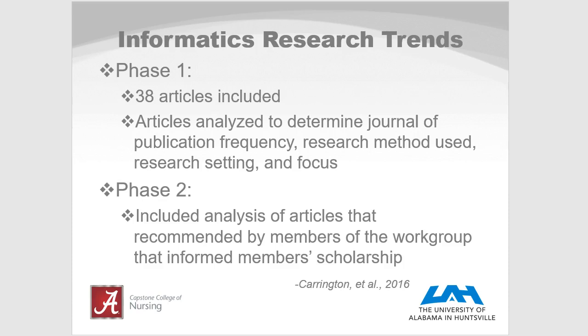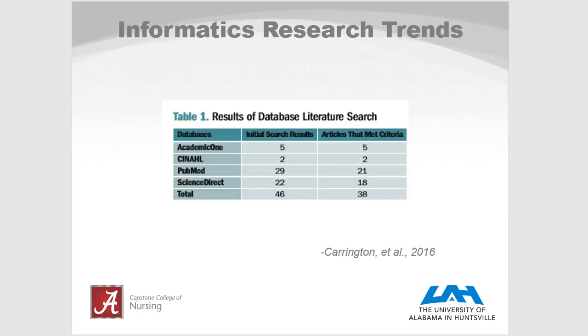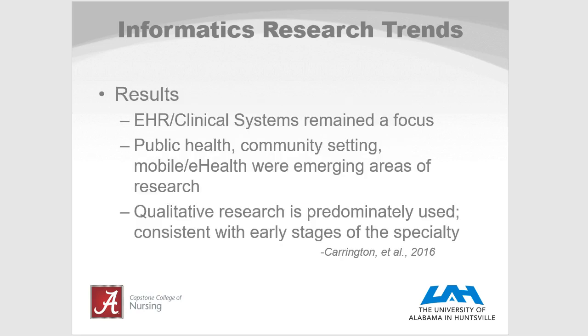They also analyzed those publications that were recommended by members of the work group that informed member scholarship. So they explored within the databases and then among each other what had influenced their work. This is the table, the results of their literature, what they found in the different databases. And I know you're familiar with those databases.